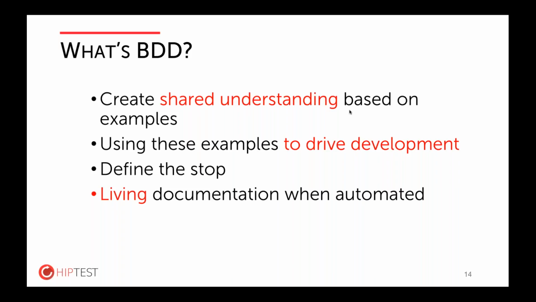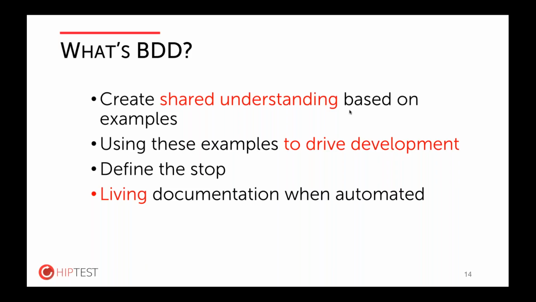And the last point, which is very important, is when you automate this step, but once again, it's not the thing you should start with. When you automate the checks, these examples, then you will have a living documentation. So not only are these examples like the specification that you can use to drive the development, but they also can be used as the documentation of your system, and they are always up to date.